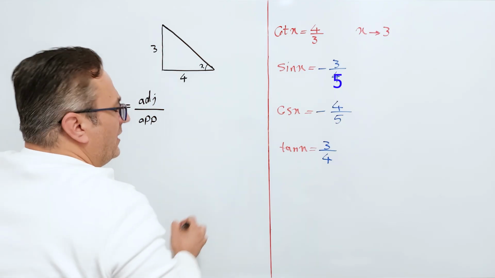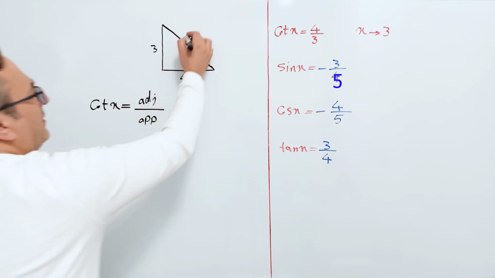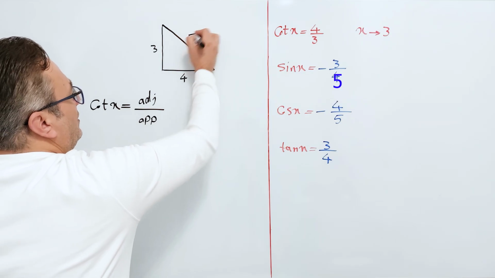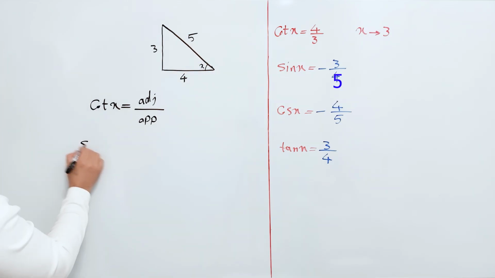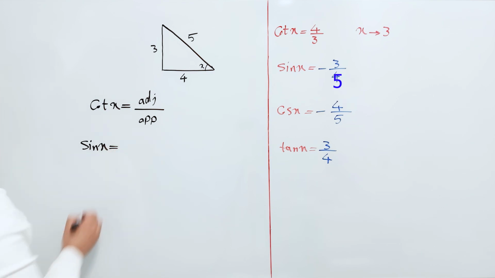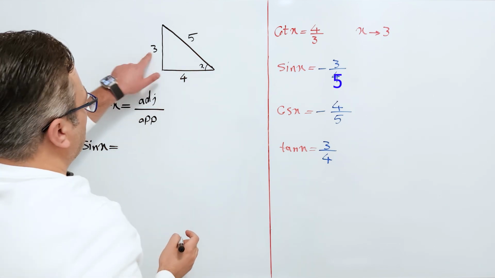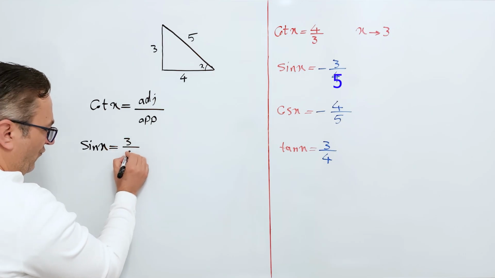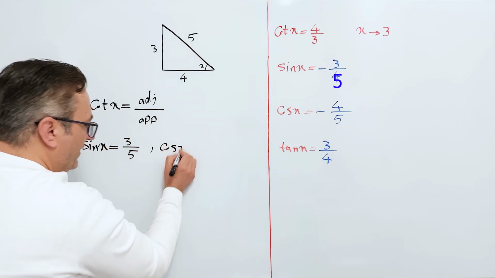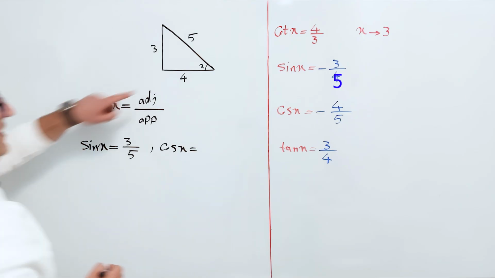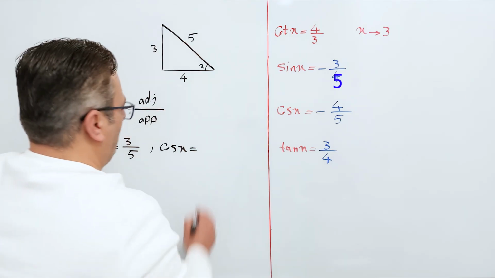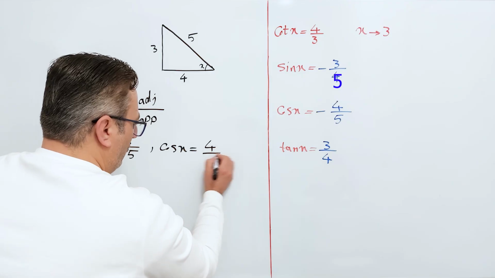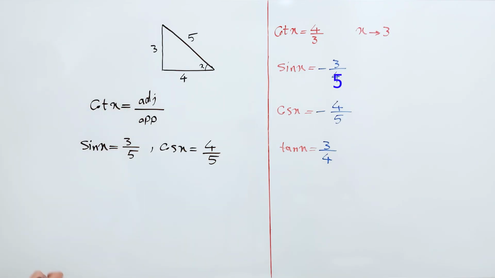And according to the Pythagorean theorem, the hypotenuse is equal to 5. So sine x is the opposite side divided by the hypotenuse, which is 3 over 5. Cosine x is the adjacent side divided by the hypotenuse, which is 4 over 5.